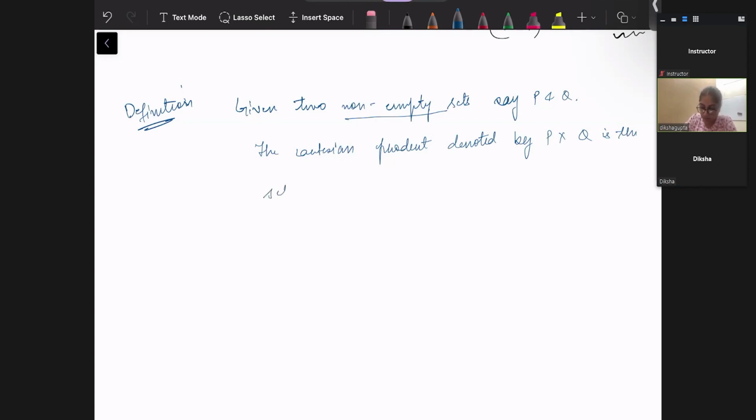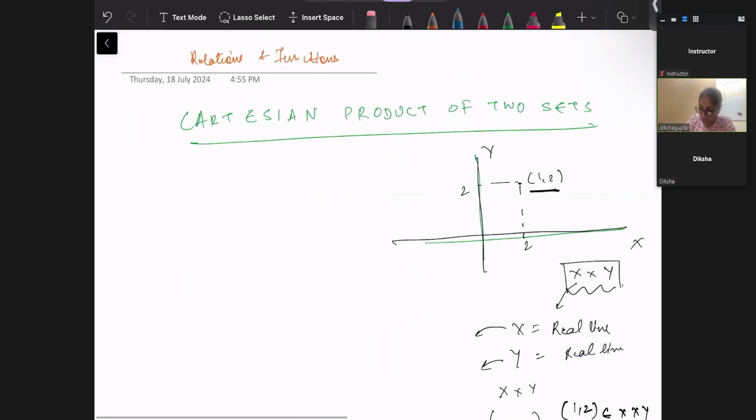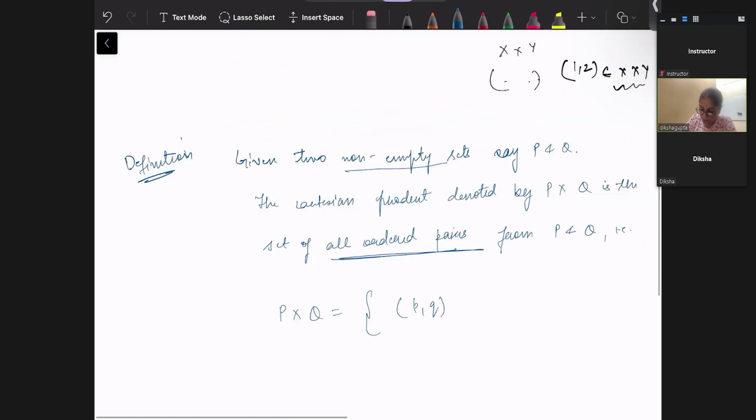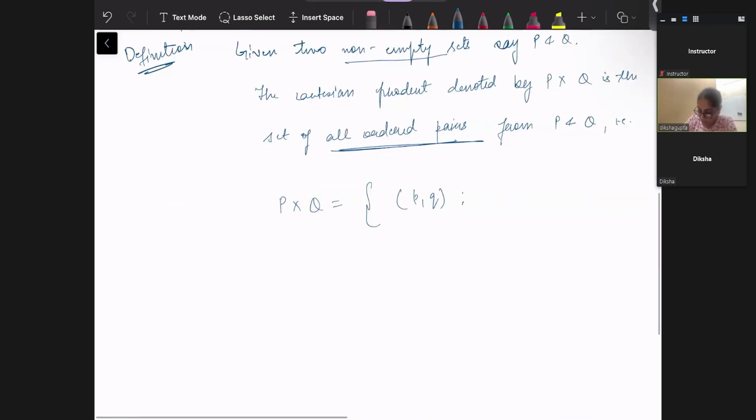P cross Q is the set of all ordered pairs from P and Q. Mathematically, P cross Q is nothing but the set which has ordered pairs (p, q), written like you used to do in your 9th or 10th standard, where p belongs to P and q belongs to Q.